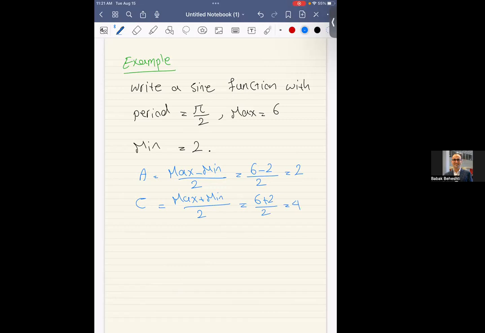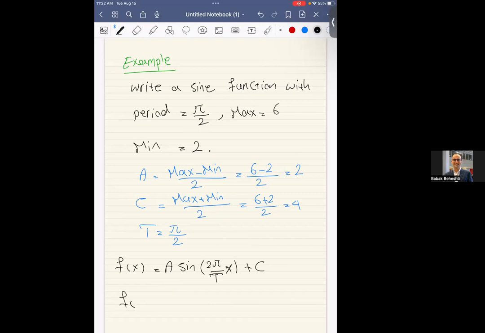And the period is given, so T is pi over 2. Now given this, I can say that f of x is a times sine of 2 pi over T x plus c.